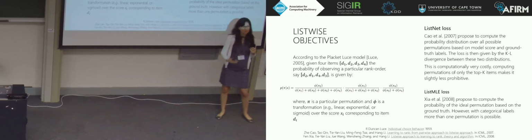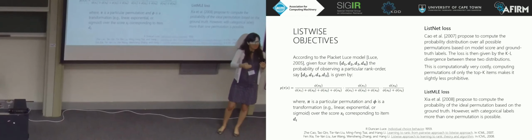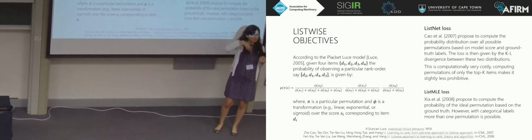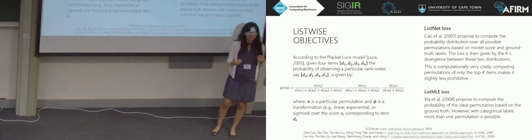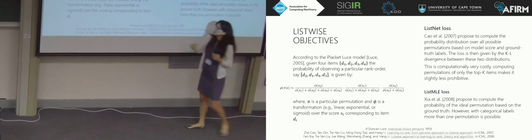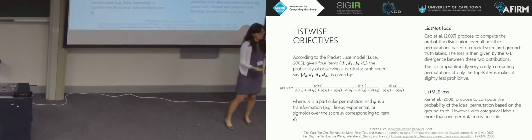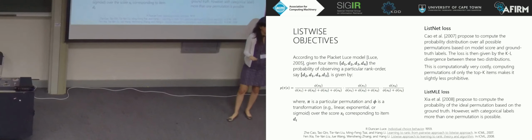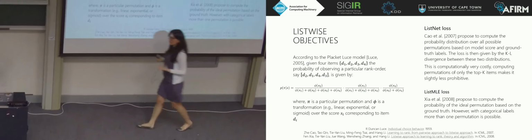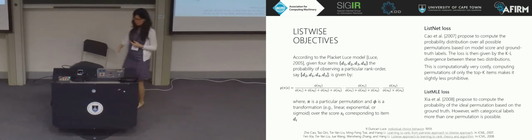So given the relevance labels, you produce one ideal ranking, where relevant items are ranked above non-relevant ones. And you compute, given these scores, what is the probability that you could have generated this particular ranking, and optimize for that. So that's another approach, slightly more efficient, and seems to be working quite well as well.